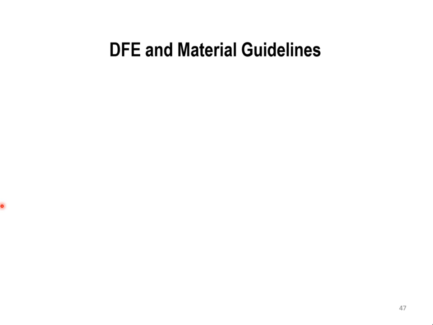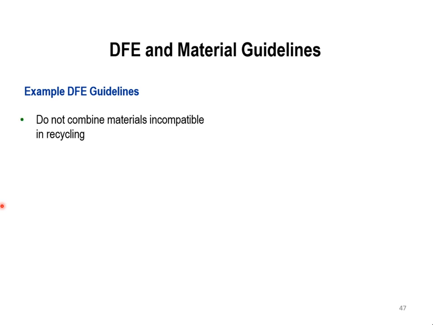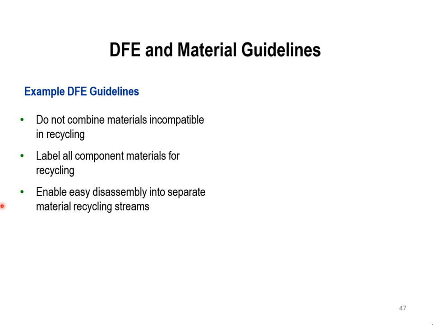Now, the DFE and the material guidelines. Examples of the DFE guidelines are: do not combine materials incompatible in recycling, so you don't put the metal and the polymers together. Label all the component materials for recycling. Enable easy disassembly into separate material recycling streams.